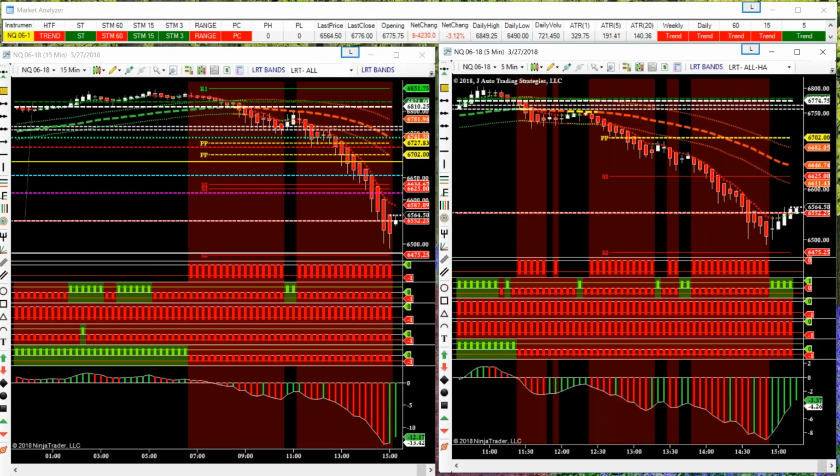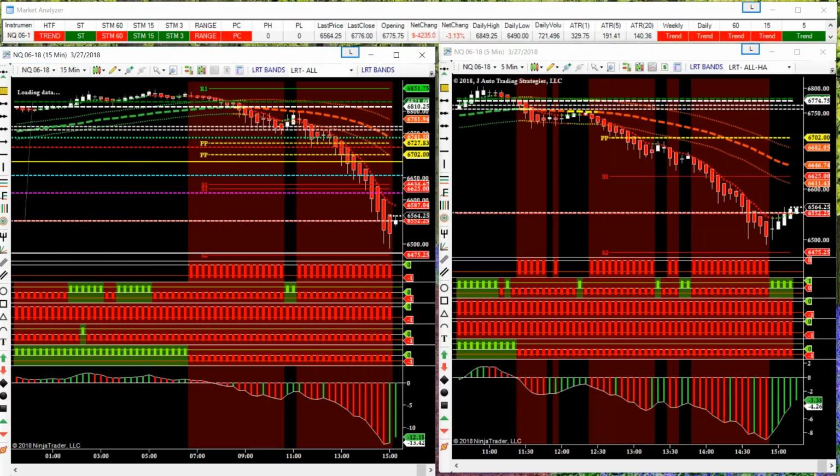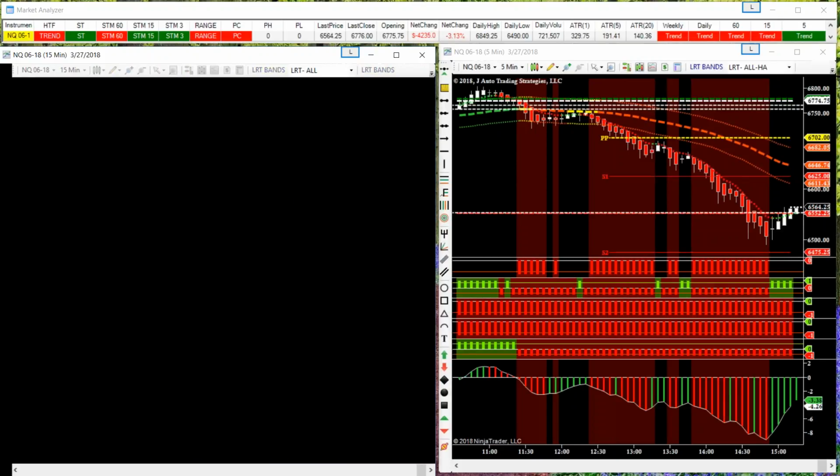Not that we needed a roadmap showing us today what was going on. It was pretty easy. Let me bring this over, and it works really good on the 6C also, as well as the other markets that I've noticed. We have to use the tools that we have before us, and sometimes it is hard to determine which way a market is trending.